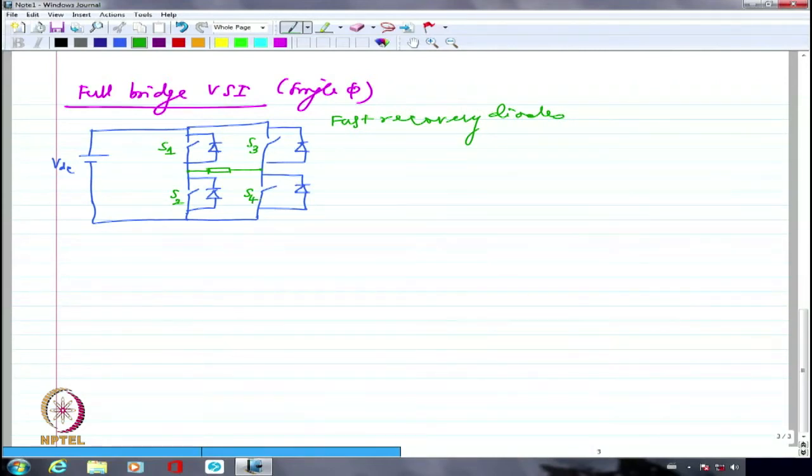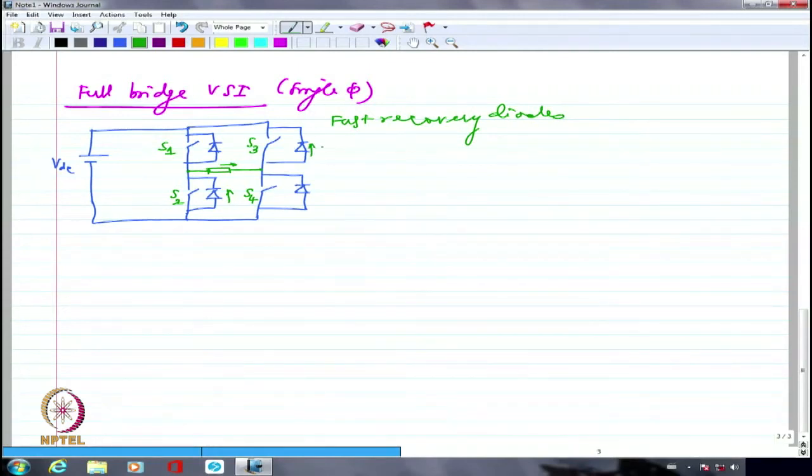Now, if I am looking at the positive half cycle, which is going to make the current flow in this direction, S1 and S4 have to be turned on, right? And after S1 and S4 are turned off, if I want the current to flow in the same direction, I am going to have these two diodes, this diode and this diode, conducting with the current direction being the same.